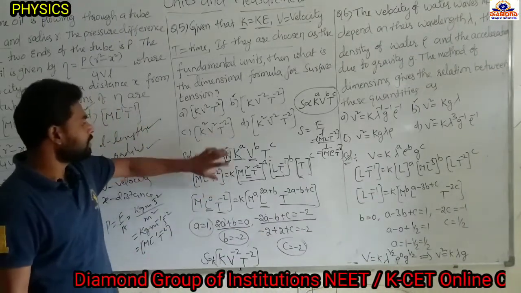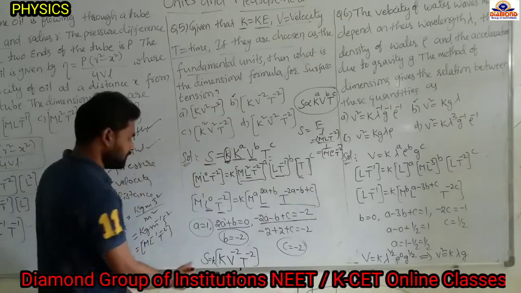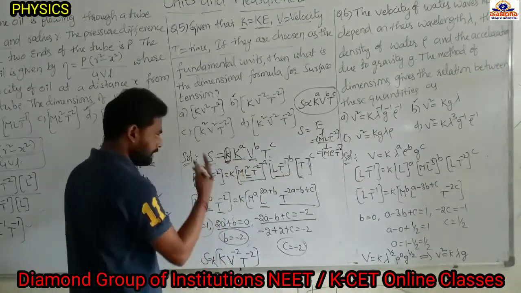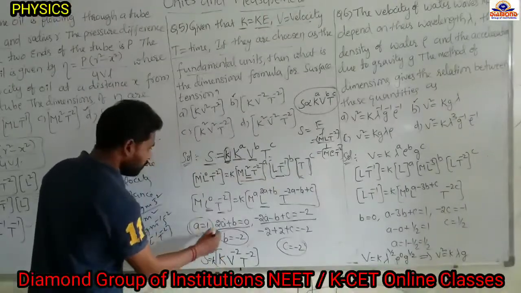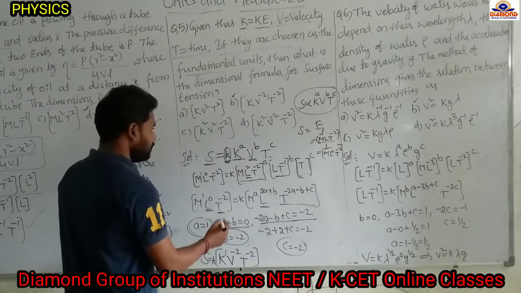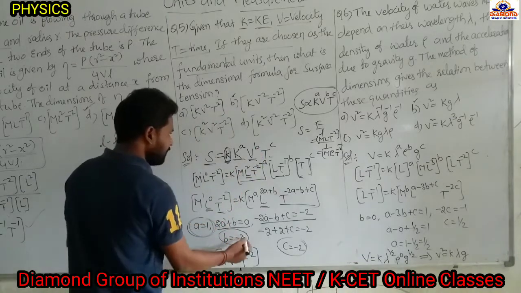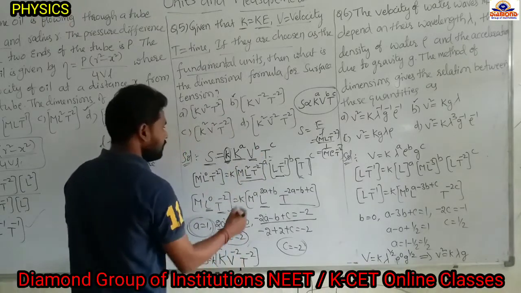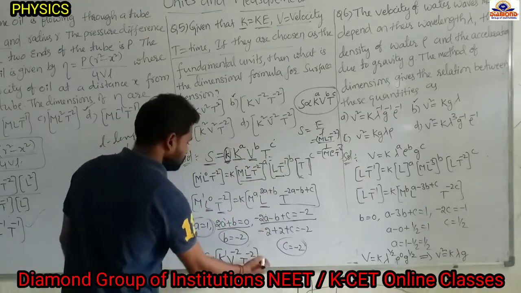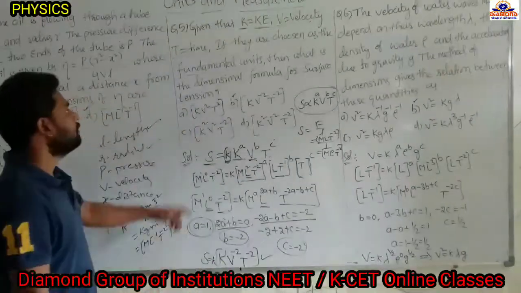Substitute into the equation we assumed. Here we assumed surface tension equal to the dimensional constant into K power A, where K is kinetic energy. The A value is 1, so K power 1, and V power B, the B value is minus 2, so velocity power minus 2, and T power C, the C value is minus 2, so T power minus 2. This is the dimensional formula of the surface tension.